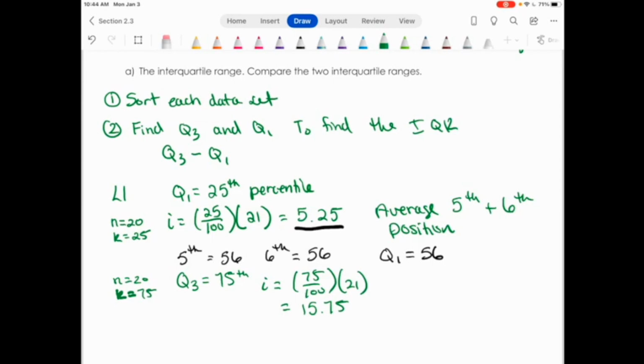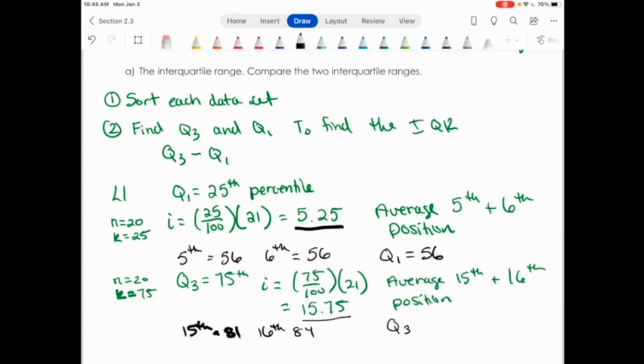So for Q3, I have to average the 15th and the 16th position together, because 15.75 falls between 15 and 16. So I'm going to scroll down on list 1 and find the 15th and the 16th position. The 15th position is 81, and the 16th position is 84.